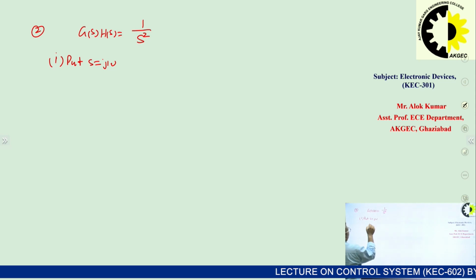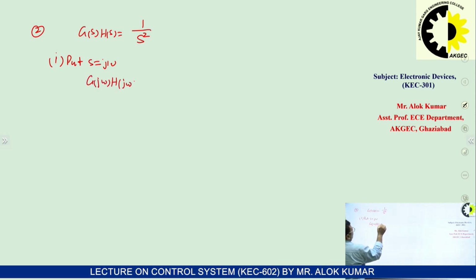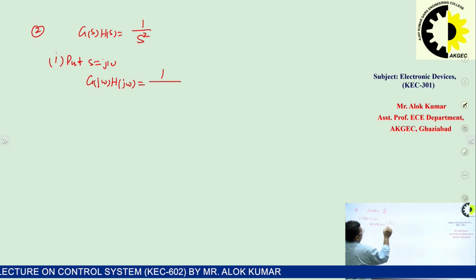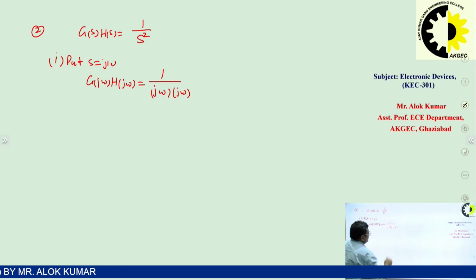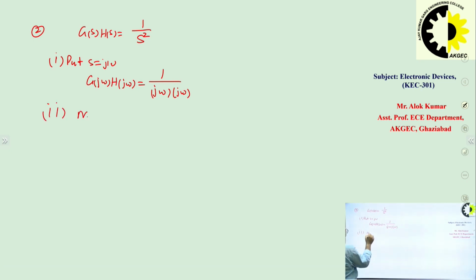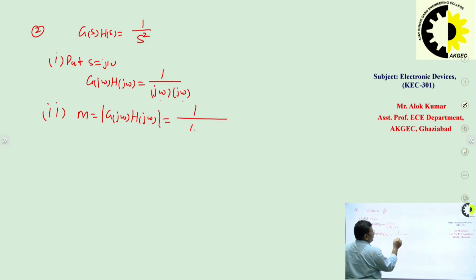So, G(j omega)H(j omega) will be 1 upon j omega into j omega. Now, find the magnitude. Magnitude will be 1 upon omega due to this and omega due to this, it will be omega square.